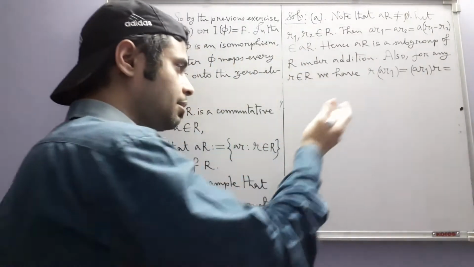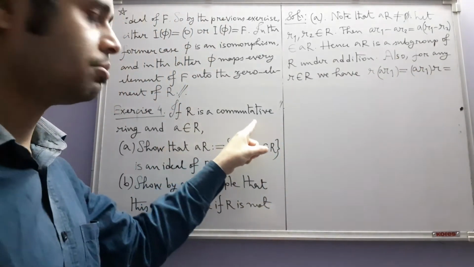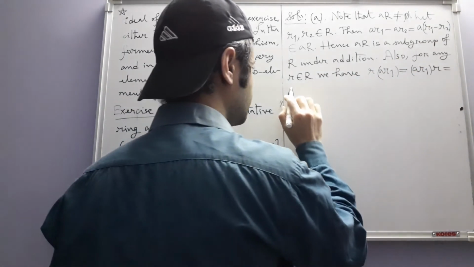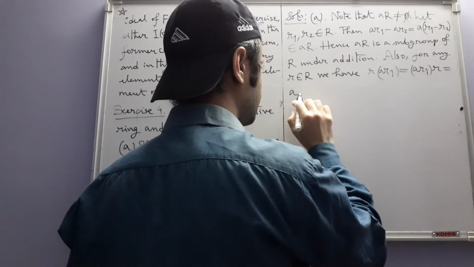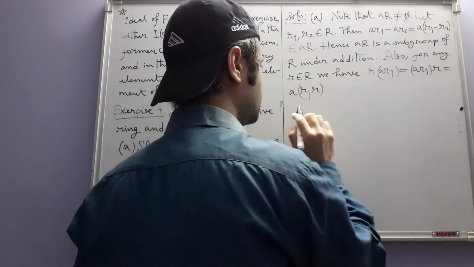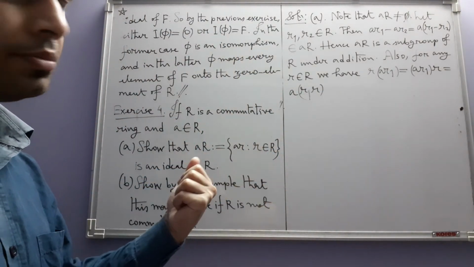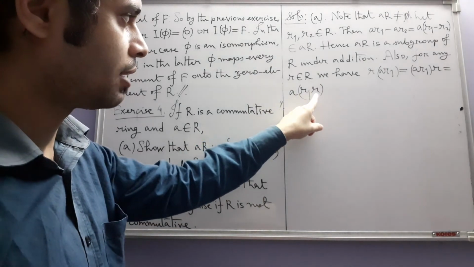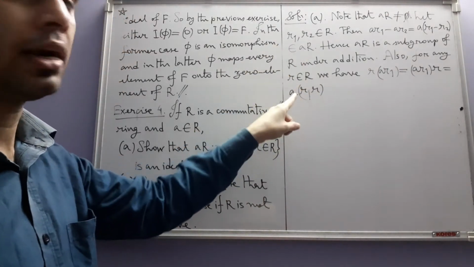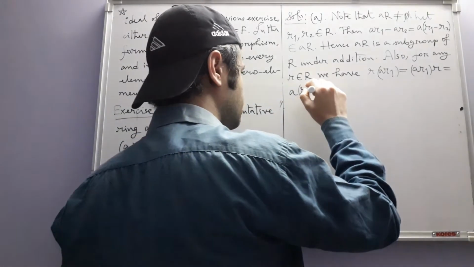And why am I able to write it like this? It's because R is given to be commutative. Now using associative law of multiplication, I can write it like this, R1R. So this again becomes a multiple of A by the ring element R1R, because R1 and R are two ring elements, so their product is also a ring element.